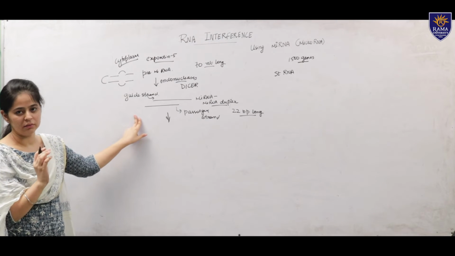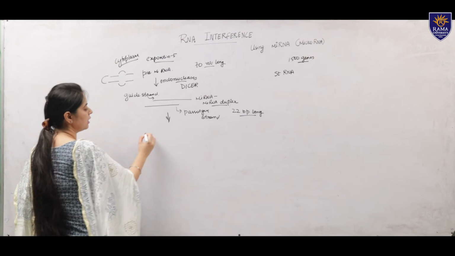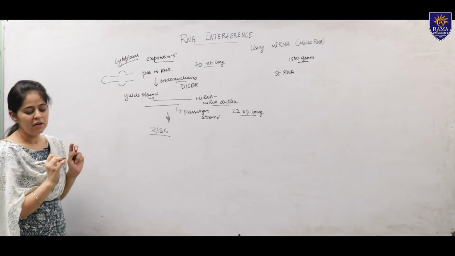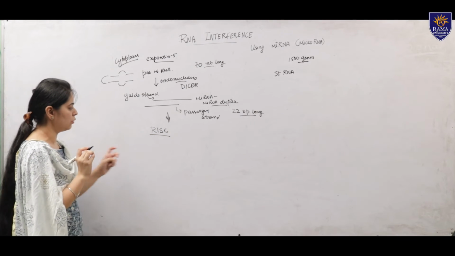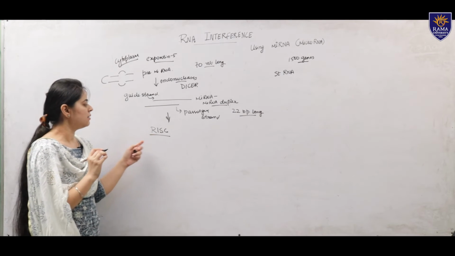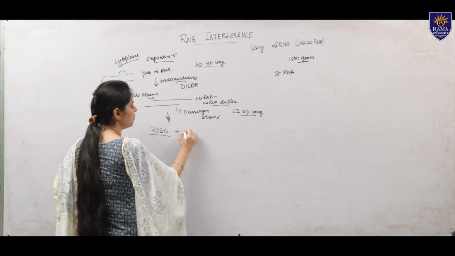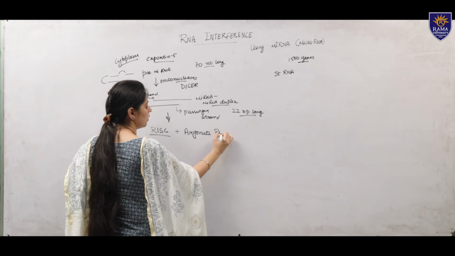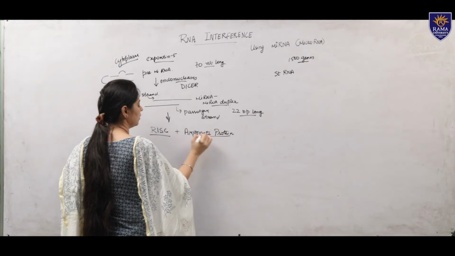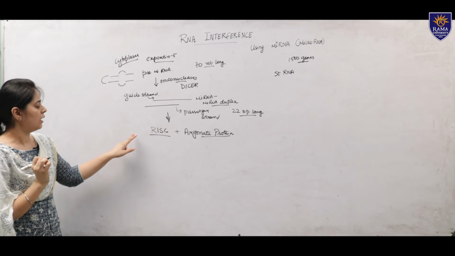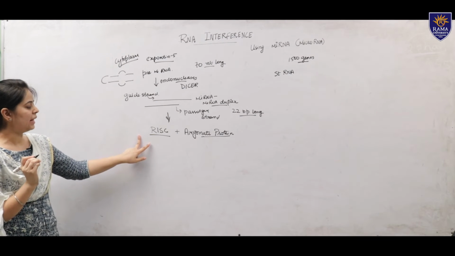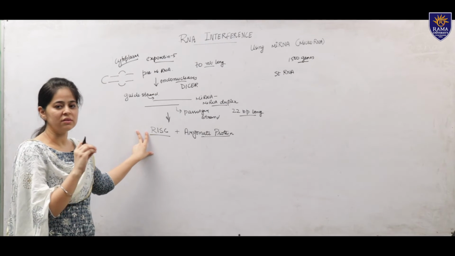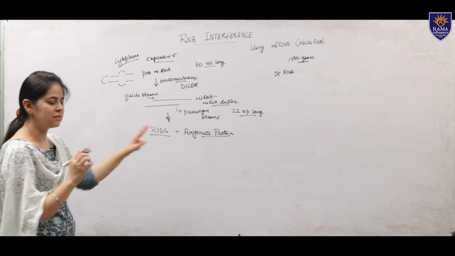For that degradation process, there is another complex of enzymes known as the RISC box. This RISC comes with the help of Argonaute protein. This is known as the RNA induced silencing complex.